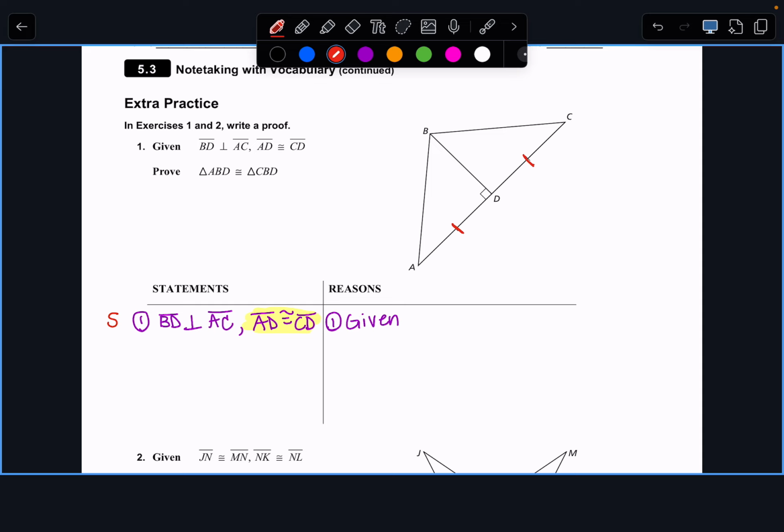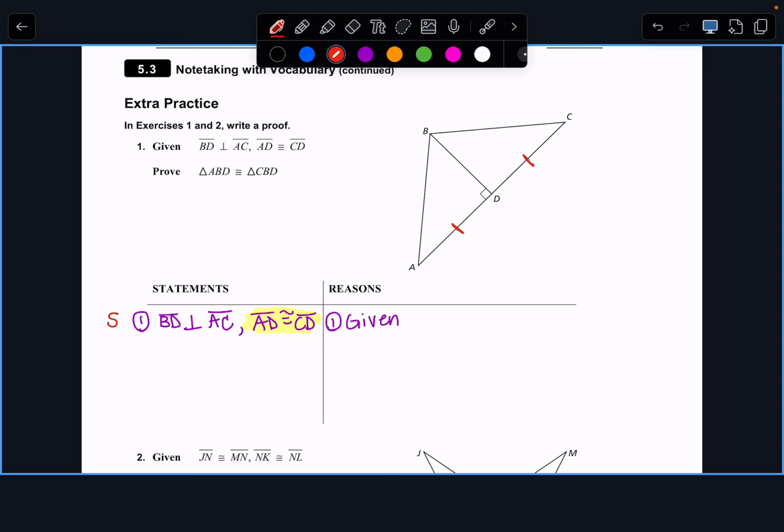Well, it does form the right angle, but another important thing is that BD is congruent to BD. Okay, so I have multiple people that see that BD is congruent to BD. We're going to get there. We know that that's going to be important. But I want to back up, and Micah said, hey, BD perpendicular to AC means we're forming two right angles.